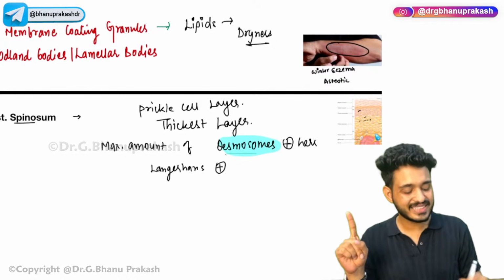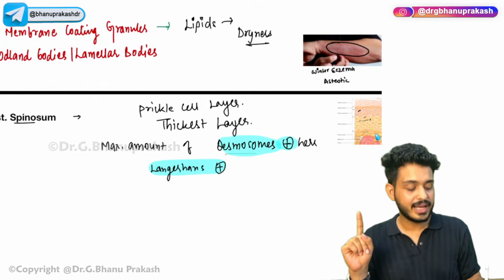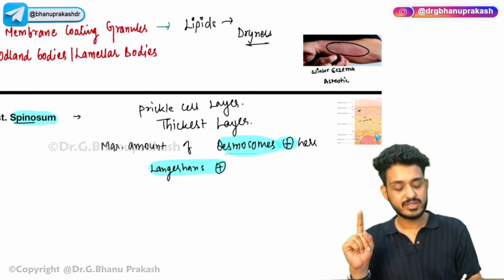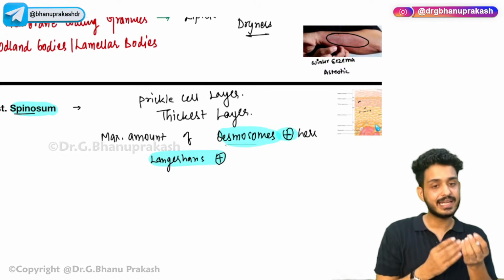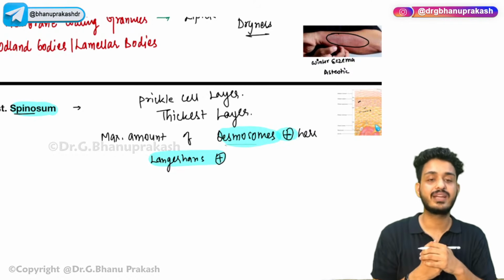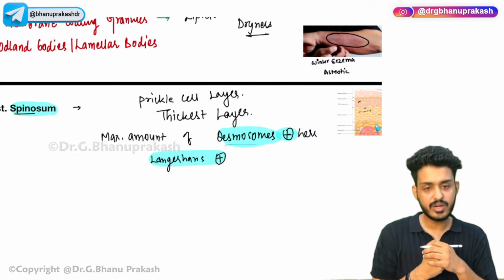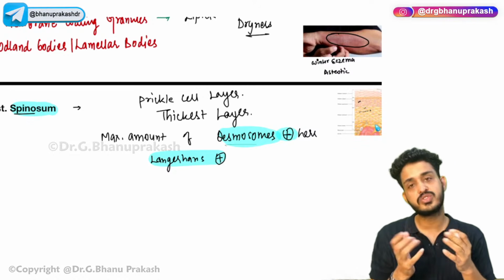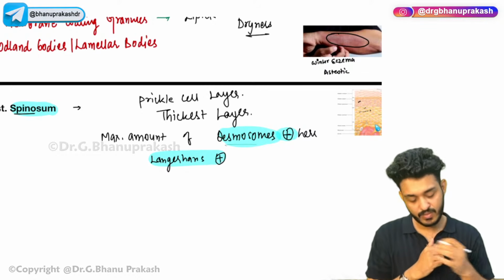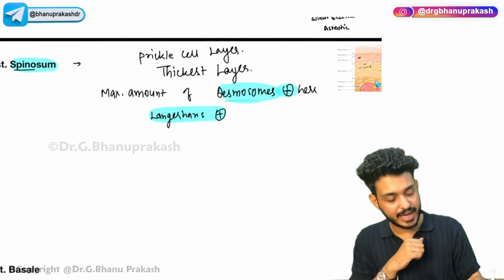First thing, maximum desmosomes, maximum Langerhans cells are present in which layer? Stratum spinosum. In surgery you must have studied a disease, acanthosis nigricans, right? Can you tell me what is acanthosis nigricans?